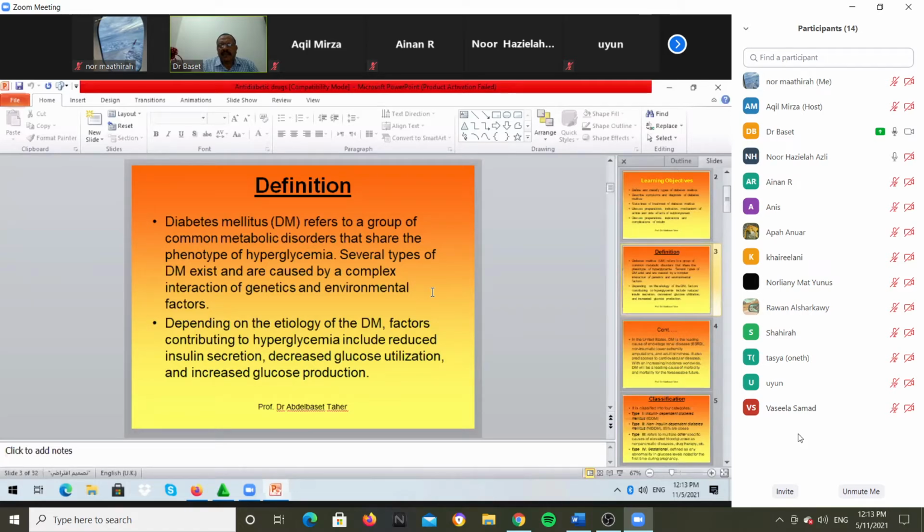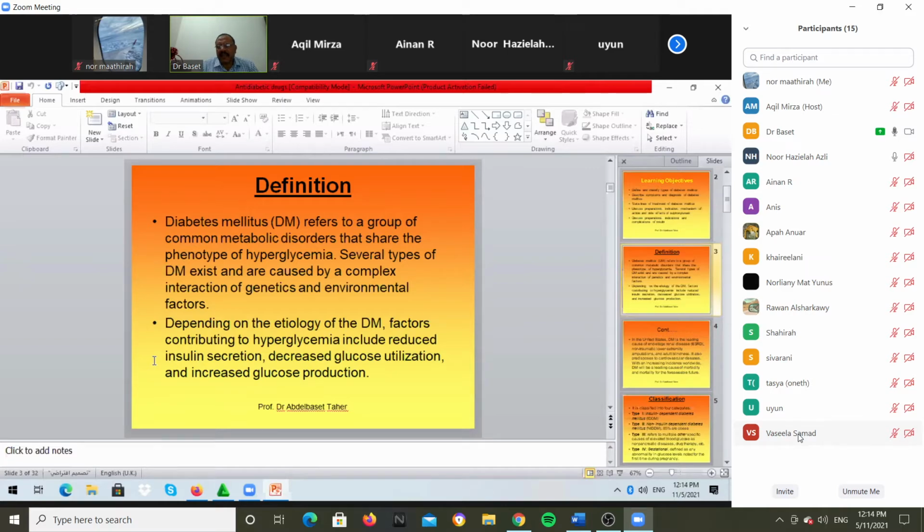We can say that factors which contribute to hyperglycemia in the body may include reduced insulin secretion, which is less than normal, less than the need of the body. Reduced insulin secretion may be due to atrophy in the islets of Langerhans in type 1, and diminished secretion in type 2. Also decreased glucose utilization.